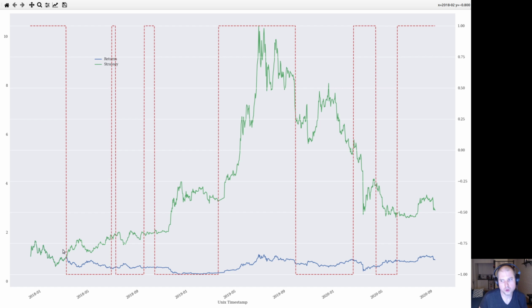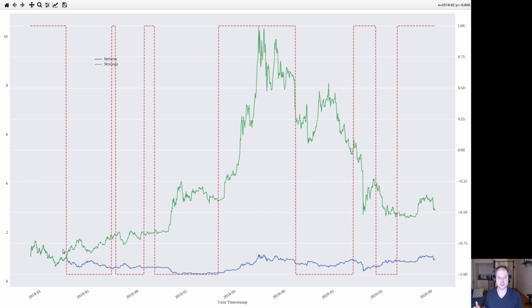What it means to go short is that you're betting the price is going to go down of the asset you're shorting. The way this works is you borrow the asset when you go short, and then you sell it, and you have a negative balance of the asset, in this case Bitcoin. When you decide to stop going short, you go and buy the amount that you sold before, and then return it to the party that you borrowed it from.